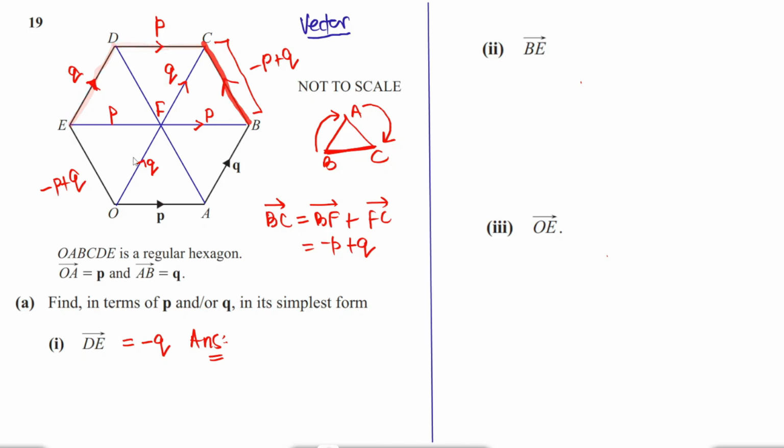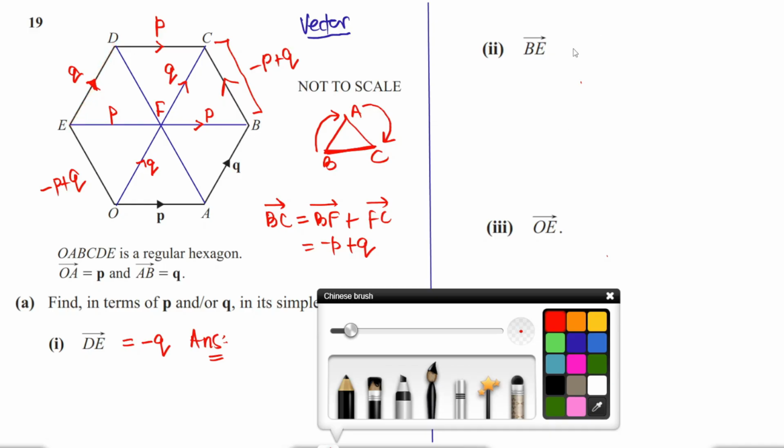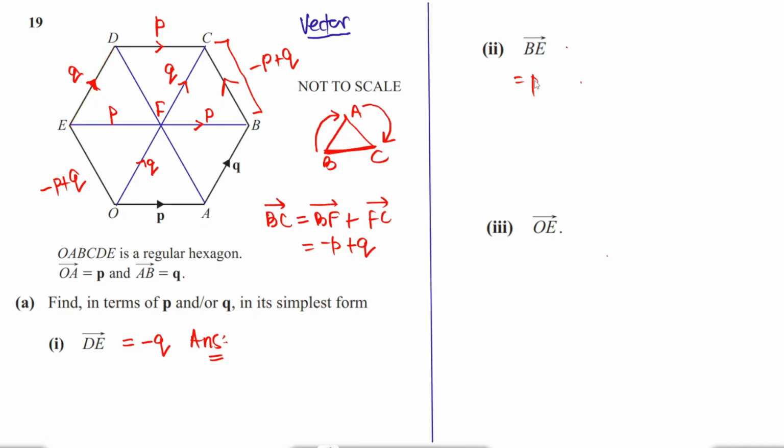Otherwise, we have already written that this is P, then this part is P, this is P, then this part BF is P. So hence we can write BE as P plus P, because we are going in the opposite direction. Hence what we're gonna do, we're gonna plug the negative sign here. So this is gonna be minus P and minus P. This is gonna be minus 2P.